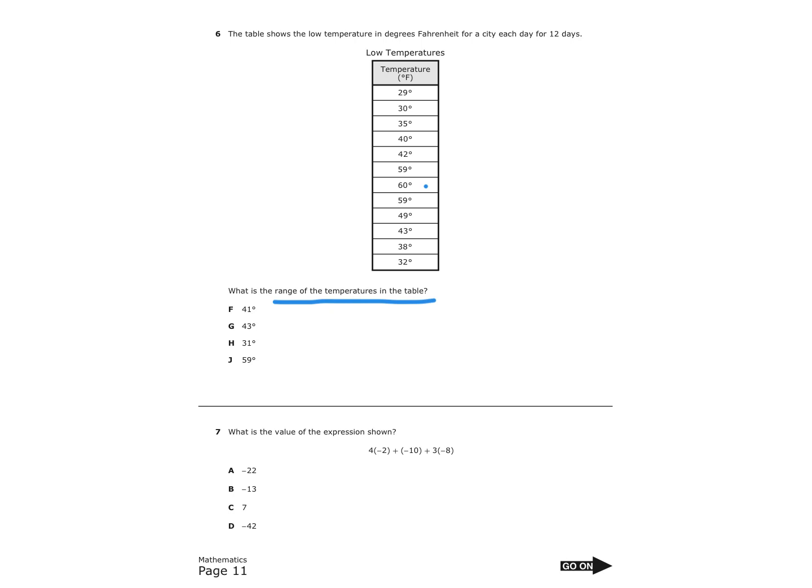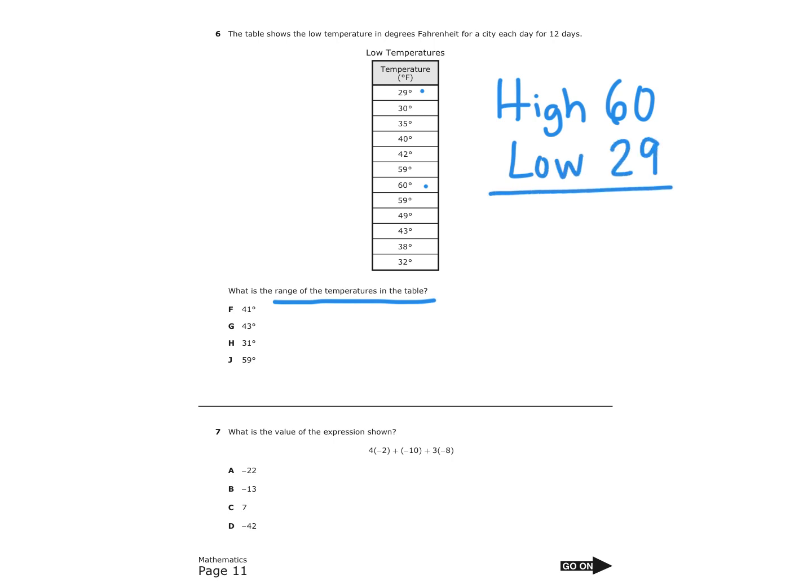And that is the highest. And the lowest that I saw there is in the 20s. 29 is the lowest. So the high value is 60, and the low value here is 29. And so the range is always the high minus the low.